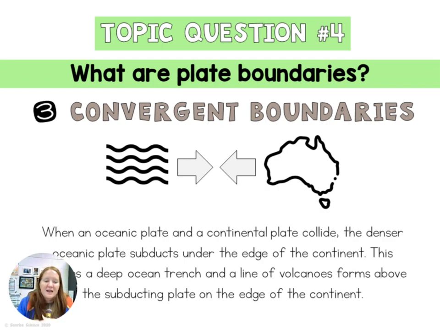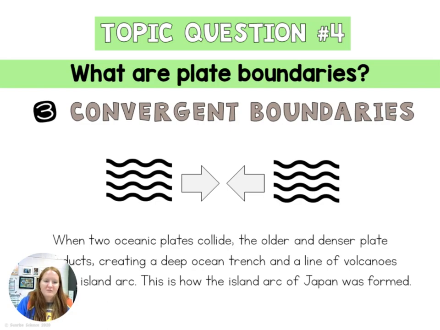All right. Now, if you have two oceanic plates that meet up, the older, denser plate is going to subduct underneath. Now, the reason why that's important is because that's what's happening to the Pacific plate right now. As the Pacific plate is subducted, it's being subducted on 3 of the 4 sides of it.